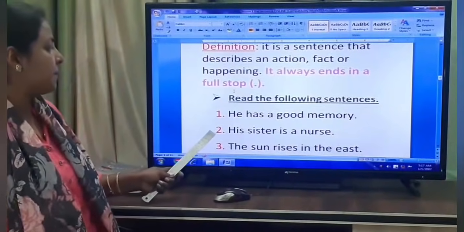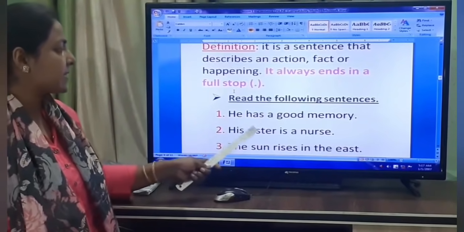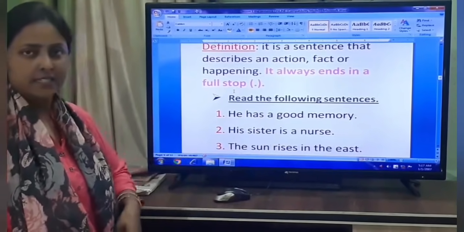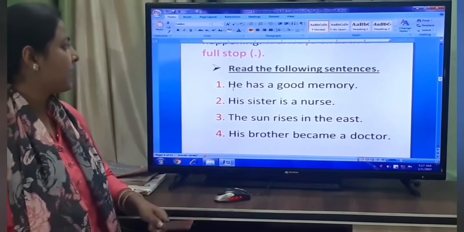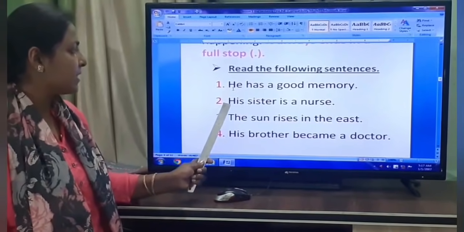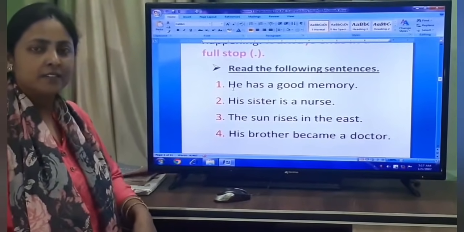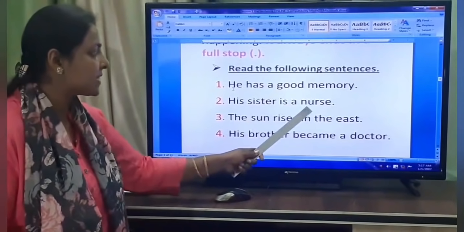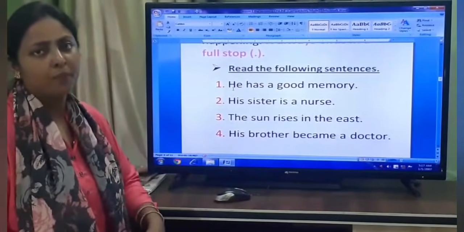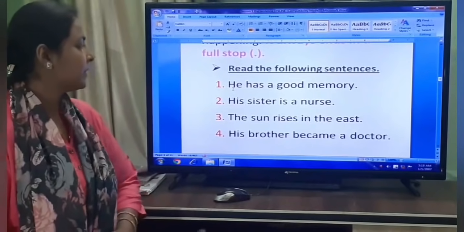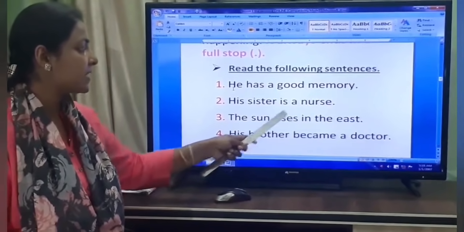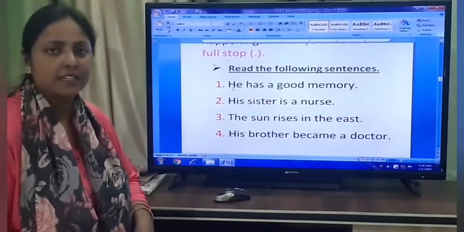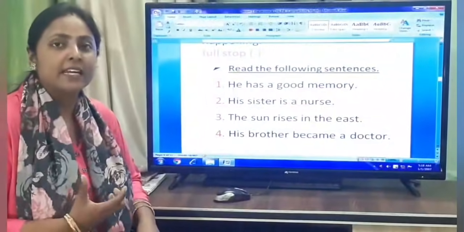The second example is, his sister is a nurse. Now it begins with a capital letter and the sentence ends with a full stop. The third sentence is, the sun rises in the east. What does the sentence tell you?